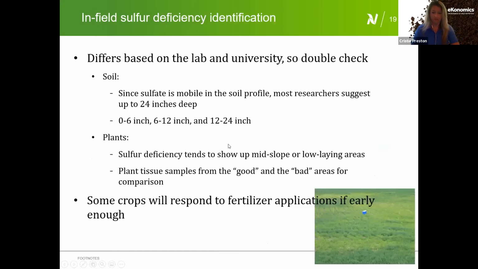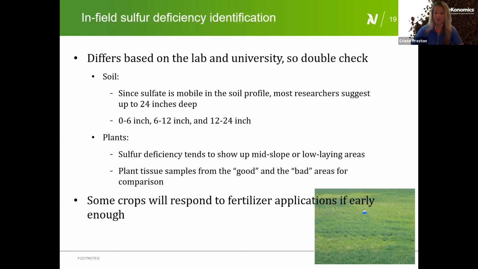So I walk up to a field, and how do I tell it's sulfur deficiency? What can I do to make sure that I know that, yes, this is sulfur deficiency? One good way, and you have to use it in combination, so this is a great diagnostic tool.